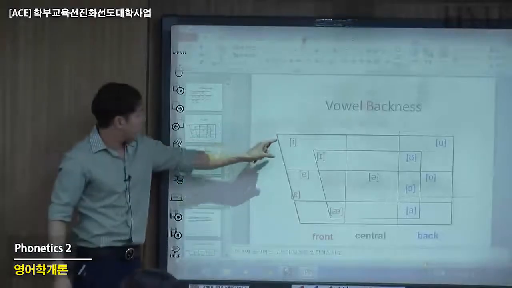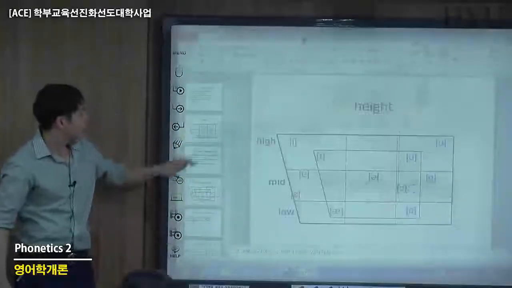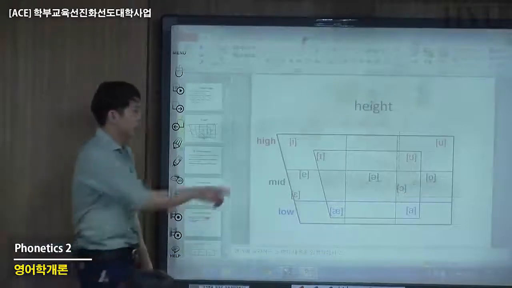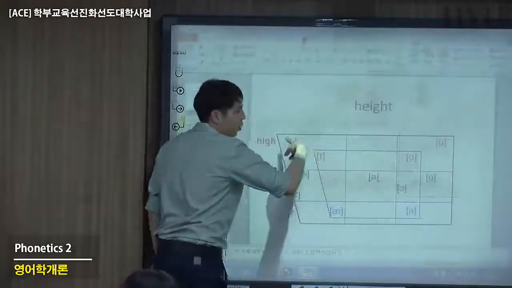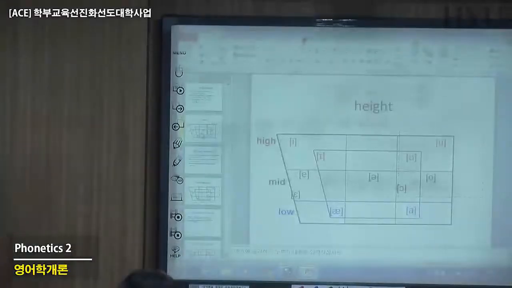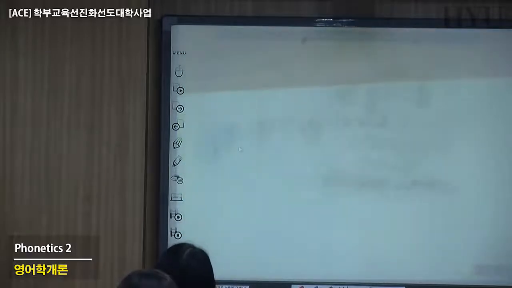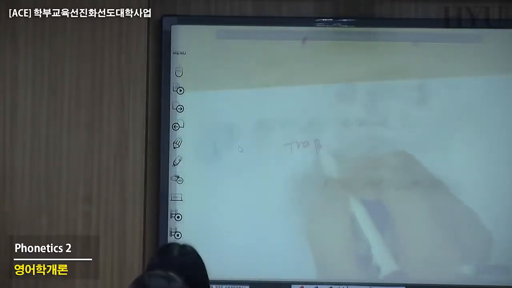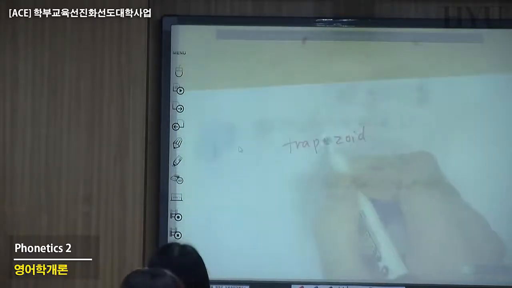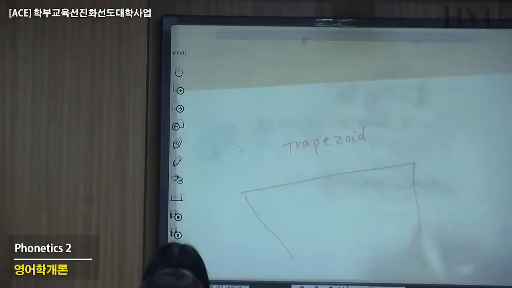If you look at this, we call that shape the trapezoid, right? You know trapezoid? Trapezoid is like this shape.